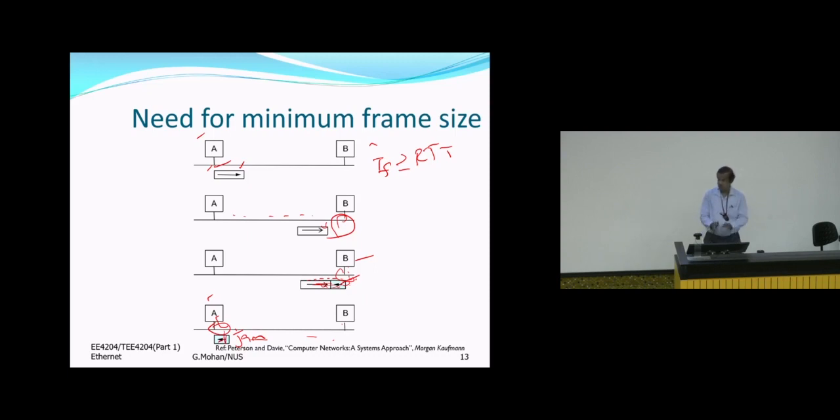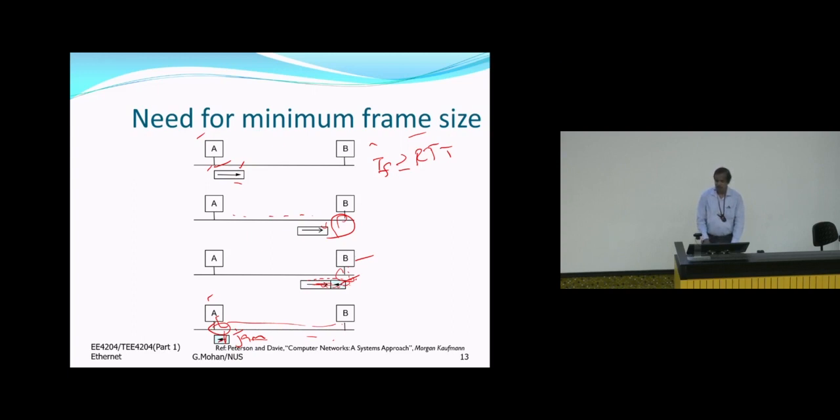It should collide, otherwise we cannot detect it. So this condition should be satisfied. TF should not be so small, it should be big. When the jam signal comes back, A should not have transmitted its last bit; it should still be transmitting some more bits.